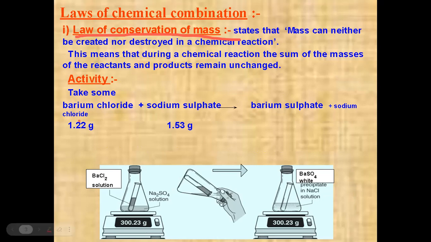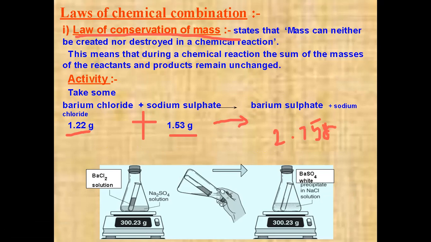Let me explain to you. Barium chloride is of 1.22 gram and sodium sulfate is of 1.56 gram. Now I'm going to add this. That means I'm going to find the total of this. And what will the answer be? It is 2.75 grams of barium sulfate plus sodium chloride.